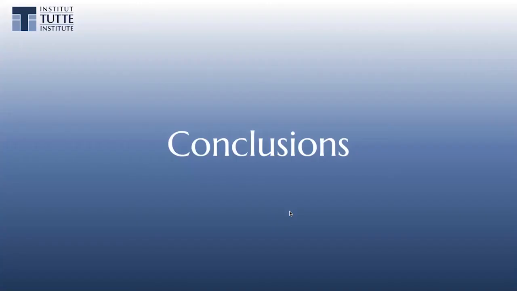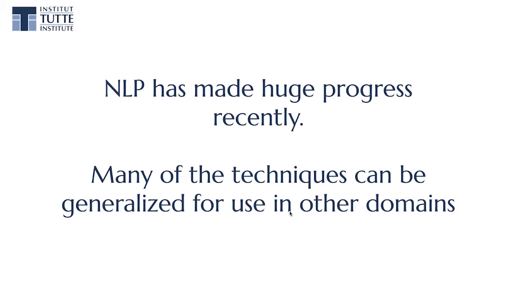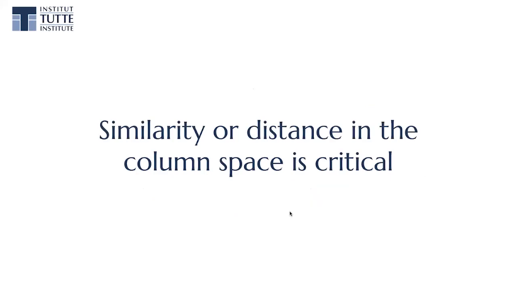So just to round things out, what are the takeaway messages here? Well, I would say NLP has done amazing things in recent years. And while those specific breakthrough models are usually huge black box deep learning models specifically designed for text, there are a lot of core ideas that powered these things that we can extract and build upon. And those parts are much more easily generalizable to other problem domains. The similarity or distance in the column space was the critical win here.